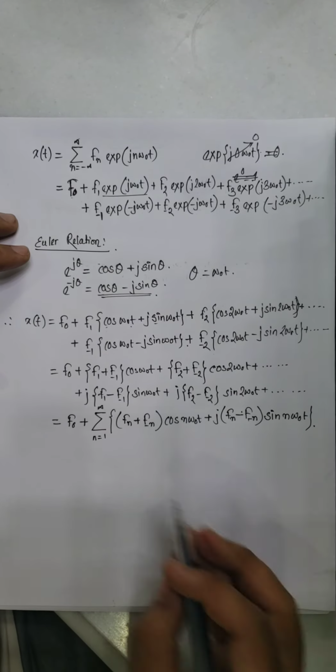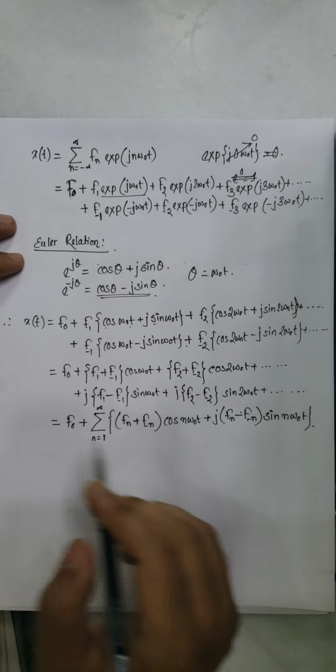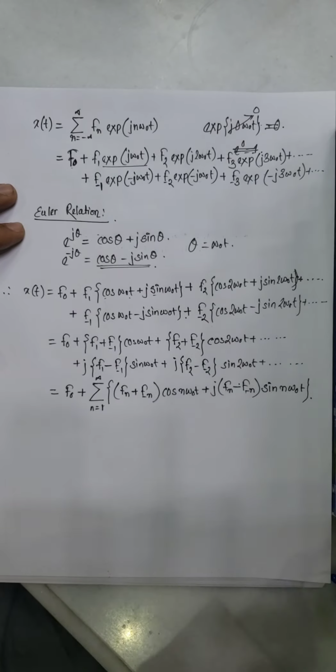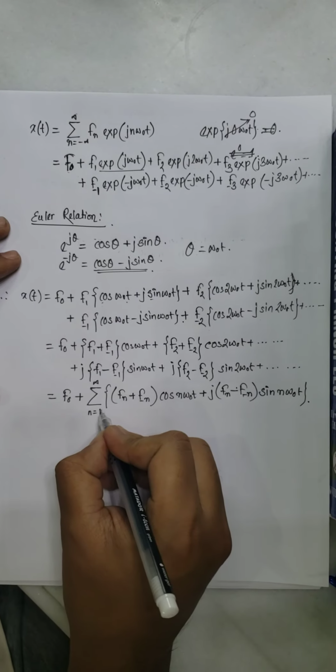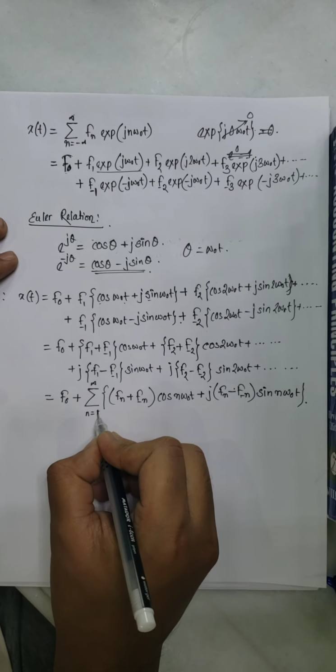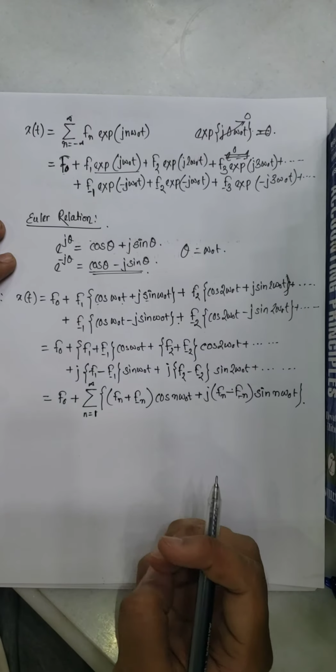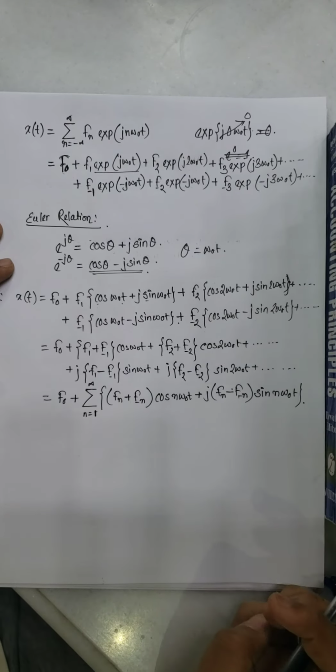Now it must be said that the initial range was minus infinity to infinity, but now the range has become n from 1 to infinity, which is somewhat analogous to the trigonometric series.